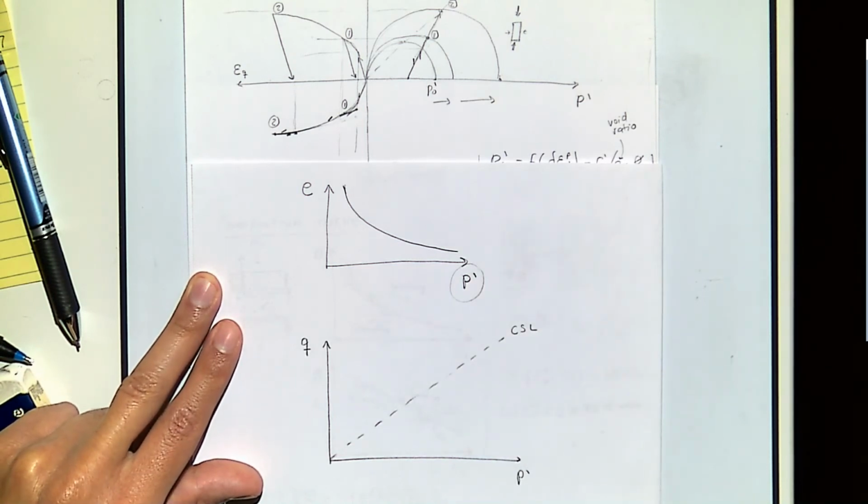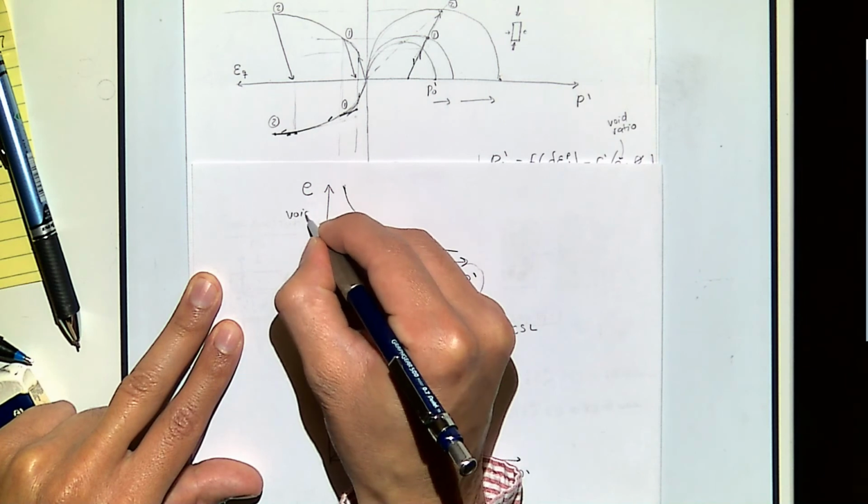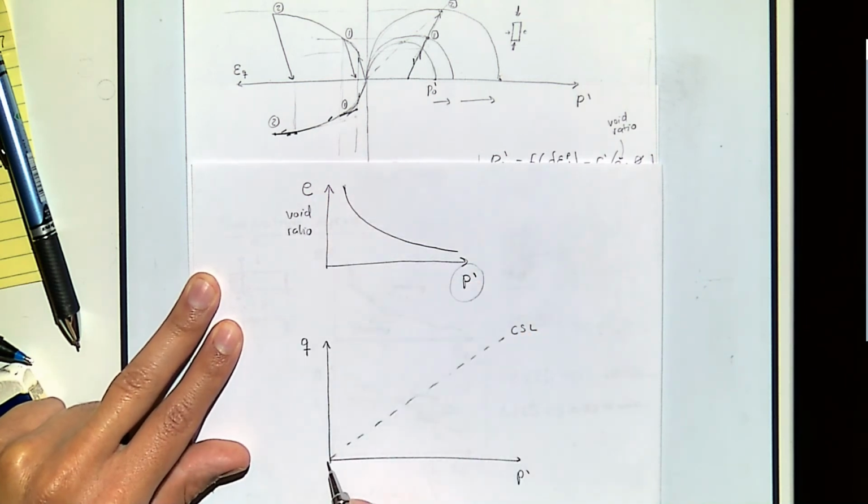Now what I'm going to do is add the void ratio axis as a third dimension over here.